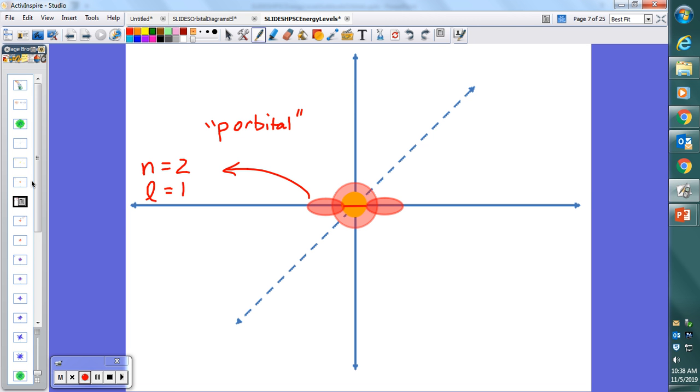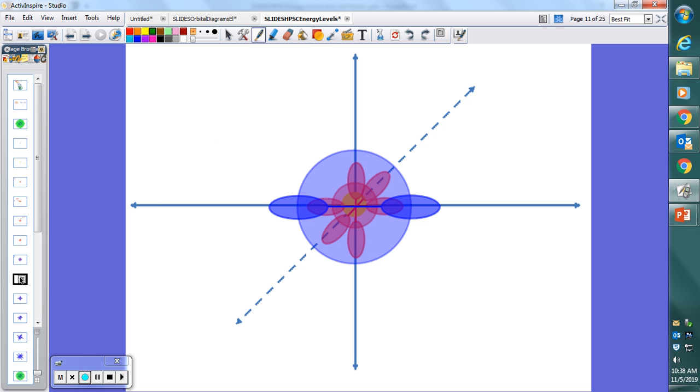All p orbitals get assigned an angular momentum quantum number equal to 1. Regardless of what color or what energy level they're in, they get L is equal to 1. Okay? And so we talked about this one, and then if I remember correctly, we didn't draw these in.